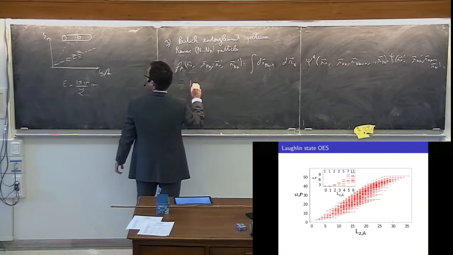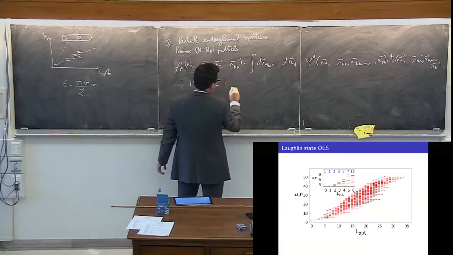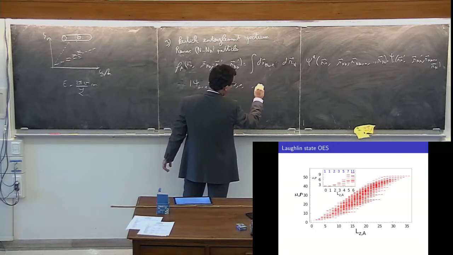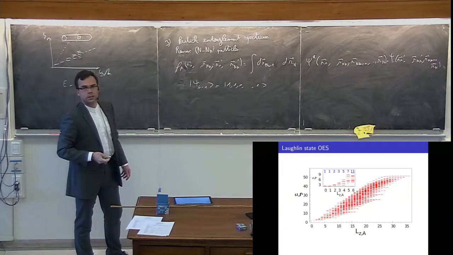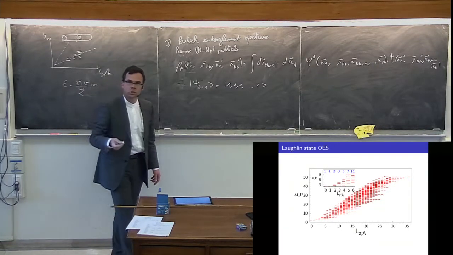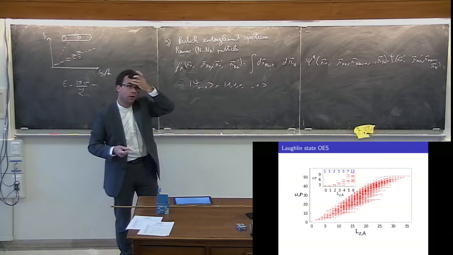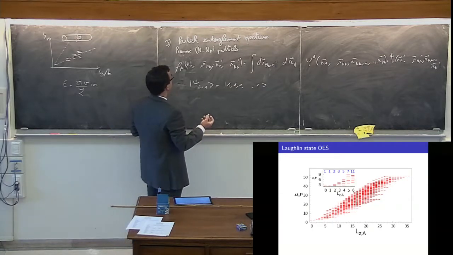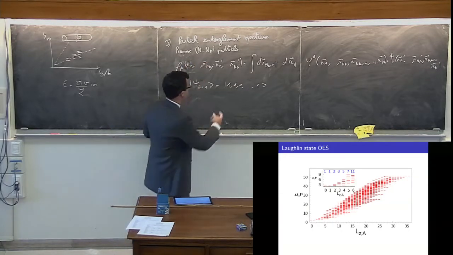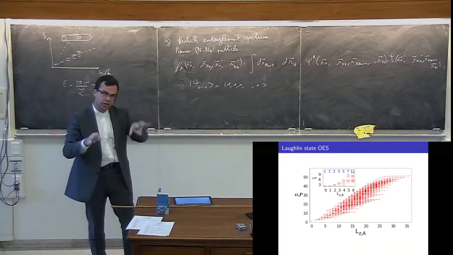Let's say you start once again with a nu equal 1. So the nu equal 1, remember, you have all orbitals occupied. So if you look at the particle entanglement spectrum of this guy here, how many levels do you get? Well, it depends how many particles you remove. Basically, if I remove n minus Na particles, I will keep Na of them.